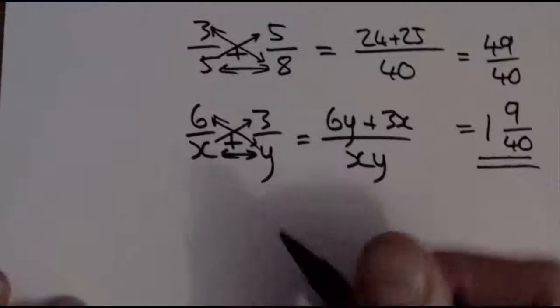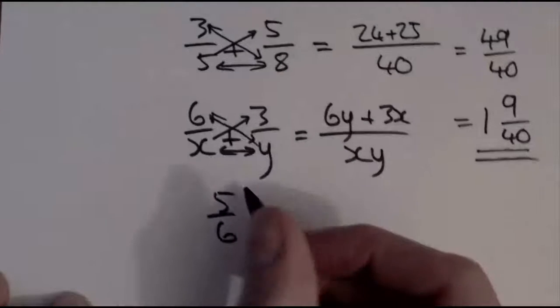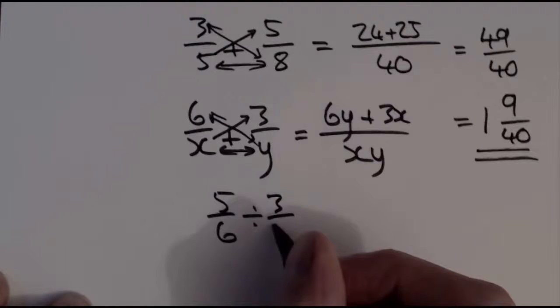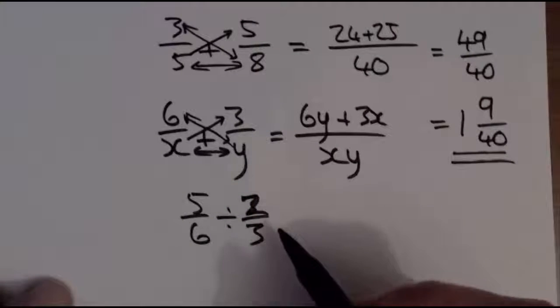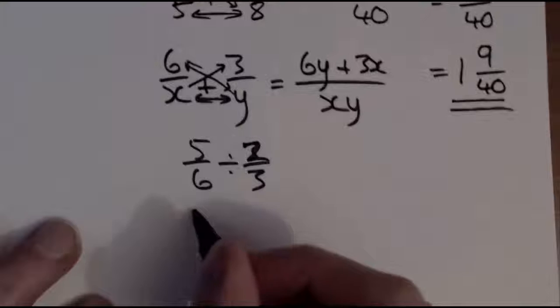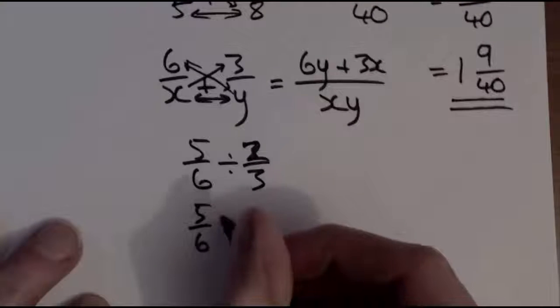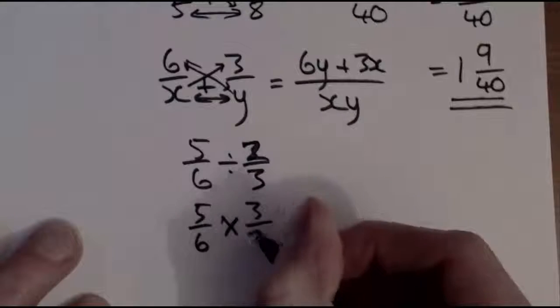Now I'll do one that divides. So 5 over 6, and if it was subtract, it's the exact same technique. Divide by 2 over 3. Right, so what we do here is we rewrite this, but we do the opposite operation of divide, and that's times, and we do the opposite here in that we have the 3 over 2 this time.